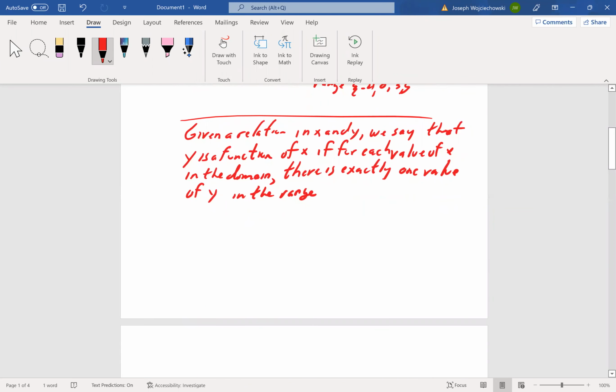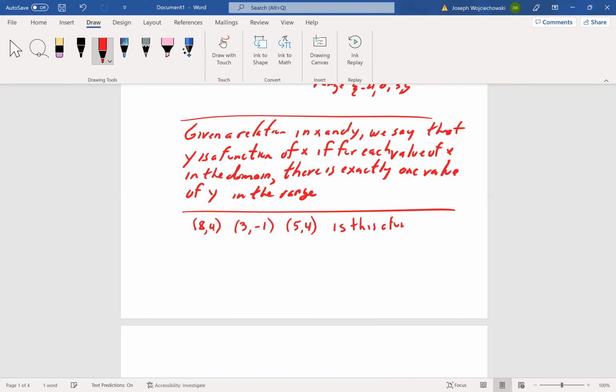So let's look at some examples here. We'll look at this set of points: (8, 4), (3, -1), (5, 4). Is this a function? Okay, so for every value of x, there is only one value of y.